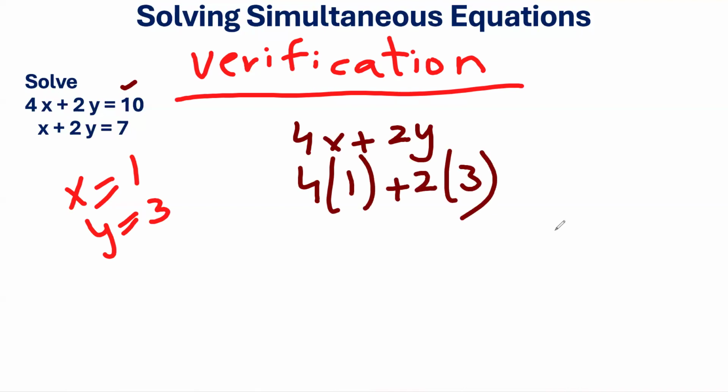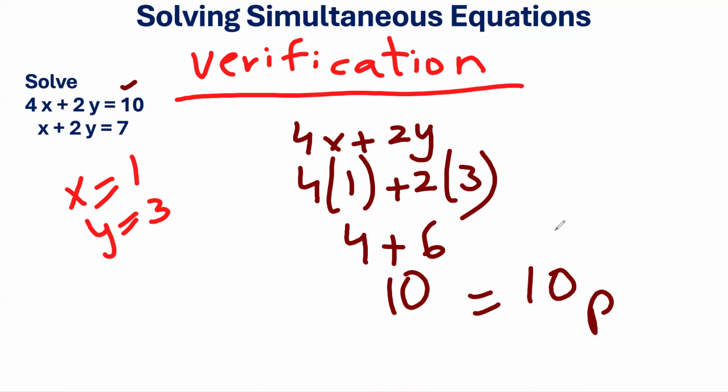Y is 3. 4 multiplied by 1 is 4 and 2 multiplied by 3 is 6. See, you're getting 10. Okay, and 10 equals 10. 10 is the right-hand side and 10 is the left-hand side. Look at equation number 1. You have to get 10. And yes, you are getting 10. It means your answer is correct and you have verified your answer.